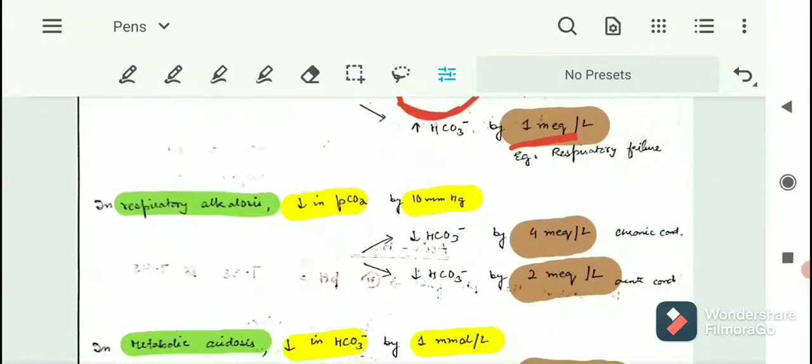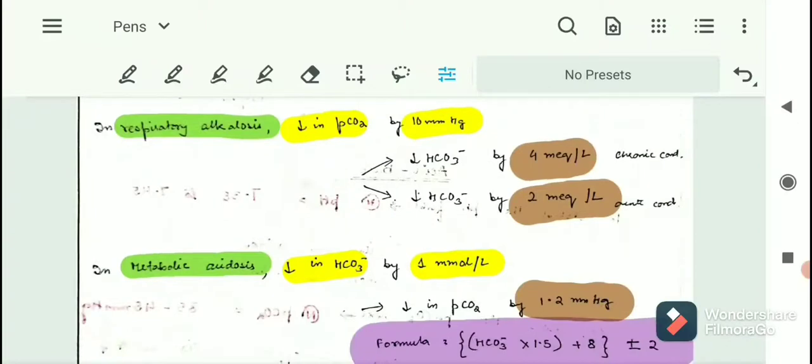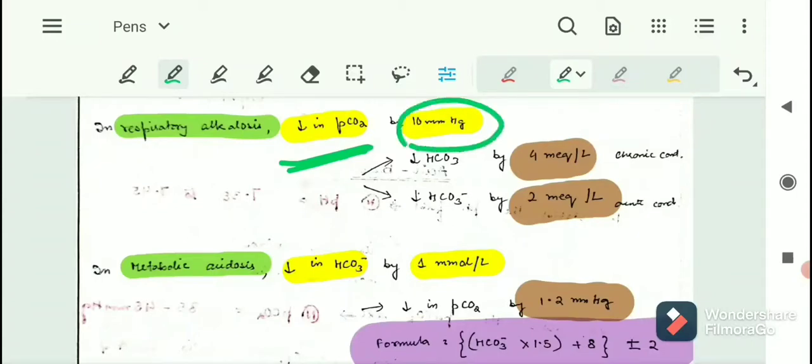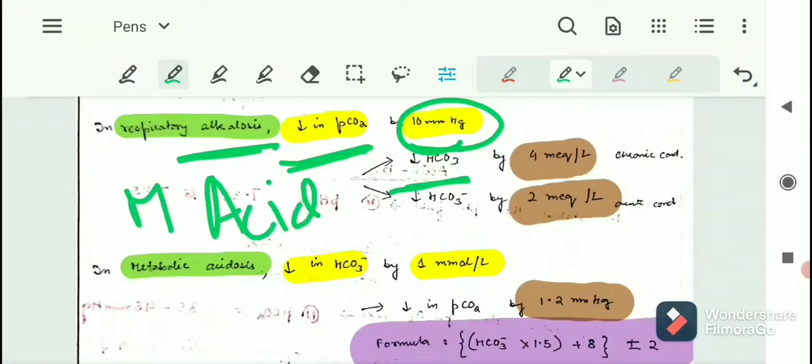Now in respiratory alkalosis there is decrease in PCO2. Now if this decrease in PCO2 is by 10 millimeter of Hg, then there will be decrease in HCO3. Why? Respiratory alkalosis is happening, so there will be metabolic acidosis. So here the HCO3 will decrease.